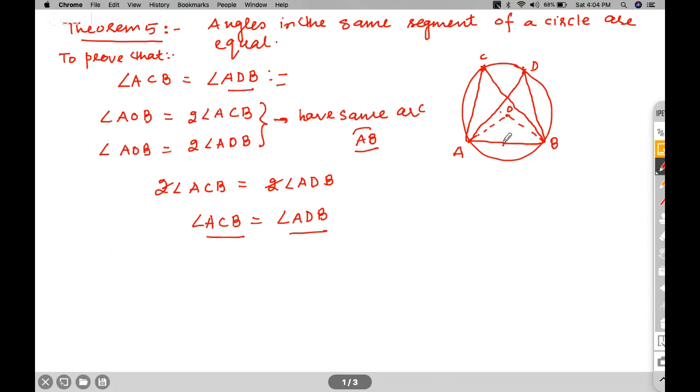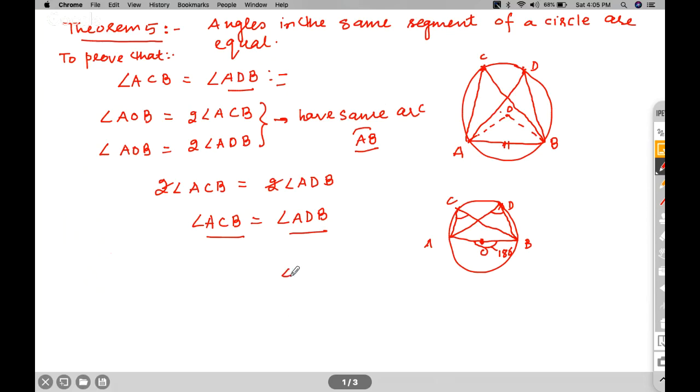Now this particular line can be anywhere. So if I make this line a diameter, and suppose this is point O, I have 2 points A and B, and I have a point D, this and this is equal to 180 degrees.